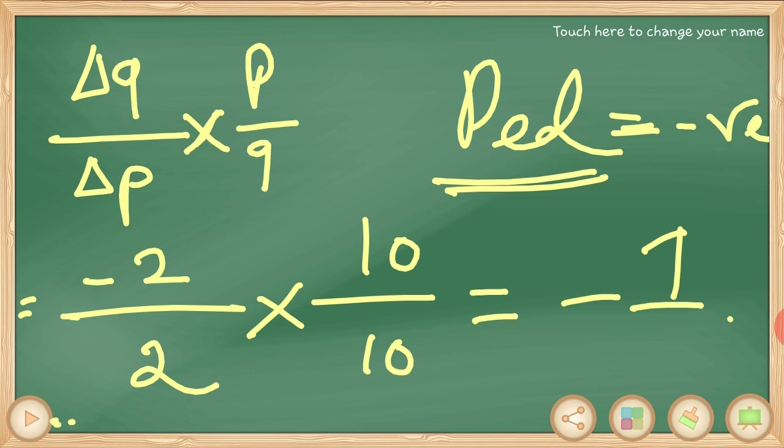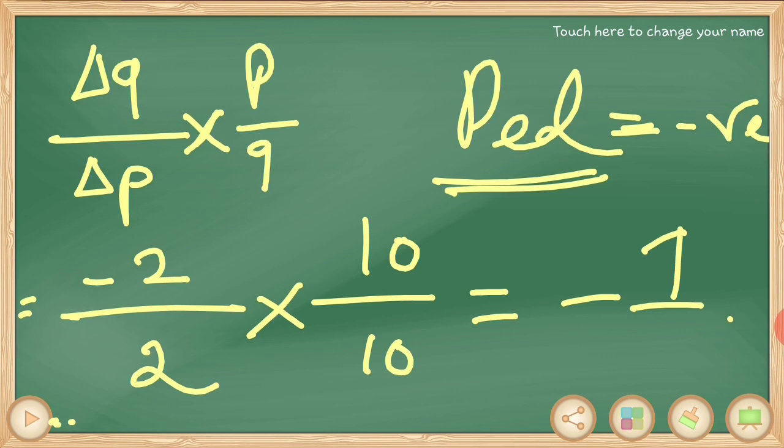Reaction of what? Reaction of price and demand. How much change in price leads to how much change in demand. Elasticity of demand explains the percentage of change in price and the percentage of change in demand.